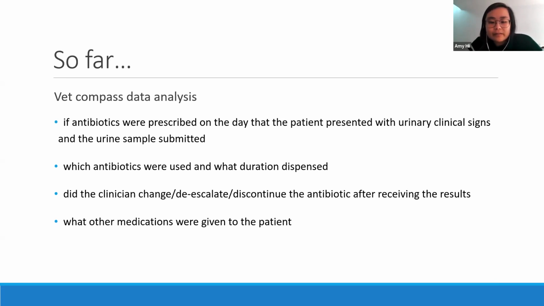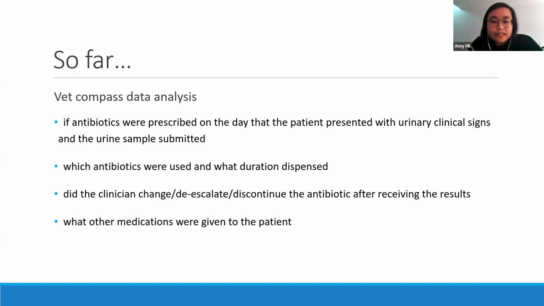And some vets may have forgotten to charge up the correct code that allows us to find the records associated with that submission. So currently we're still trying to troubleshoot this with VetCompass, but we may have to figure out a way around this.